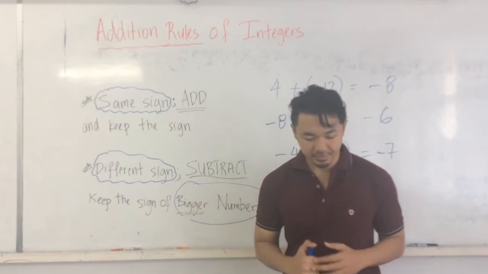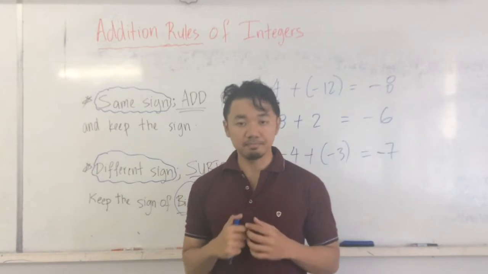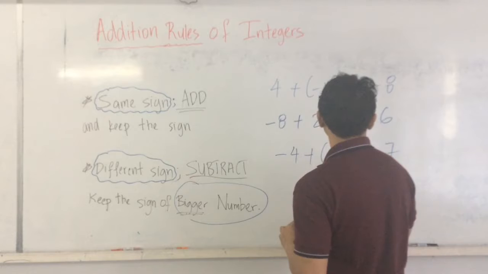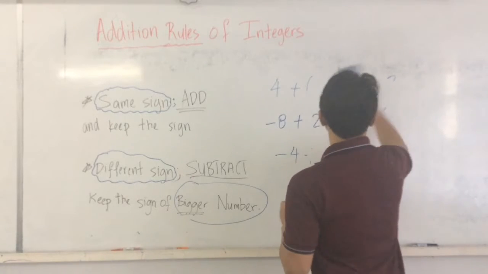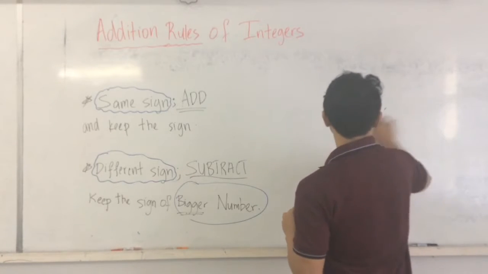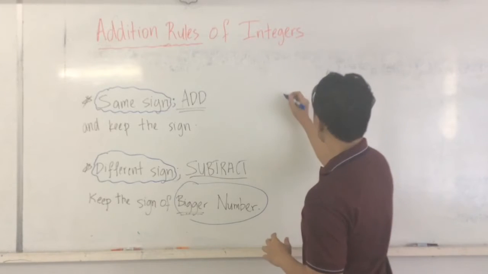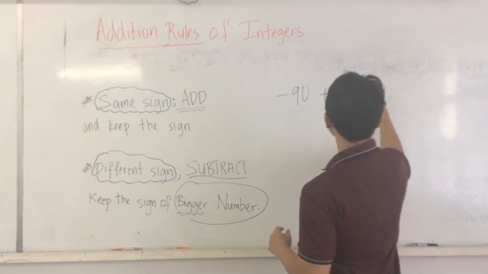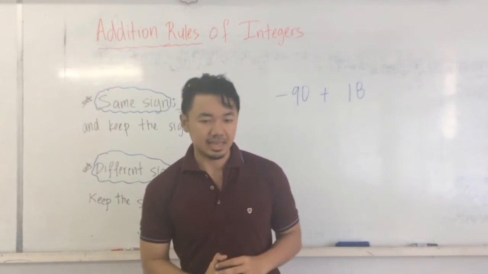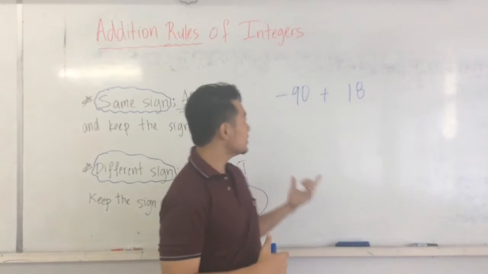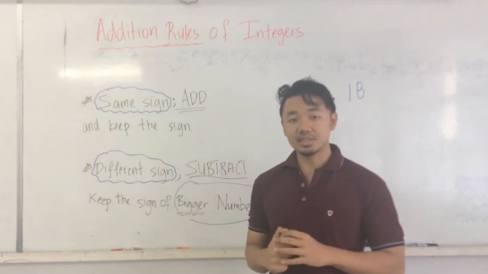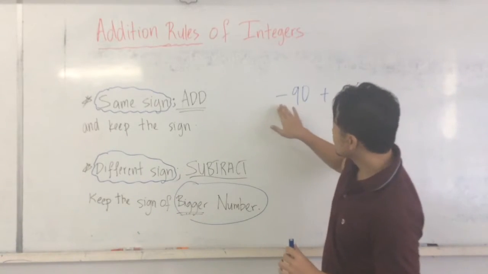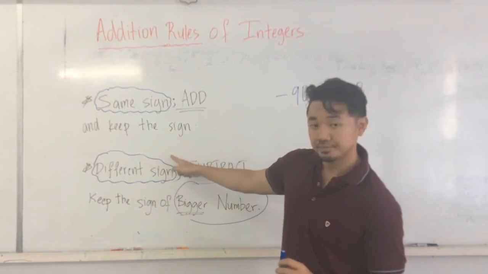Alright? So let's do some bigger numbers. Negative 90 plus 18. When you see this question, check for the sign first. It's different signs, negative and positive.